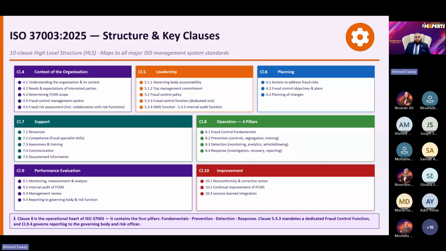Don't forget the support. Support is very similar to the most popular frameworks that we know. Again, it is the same 5 sections: the resources, the competency. We have to have competent, skilled people, fraud specialists working in this organization.